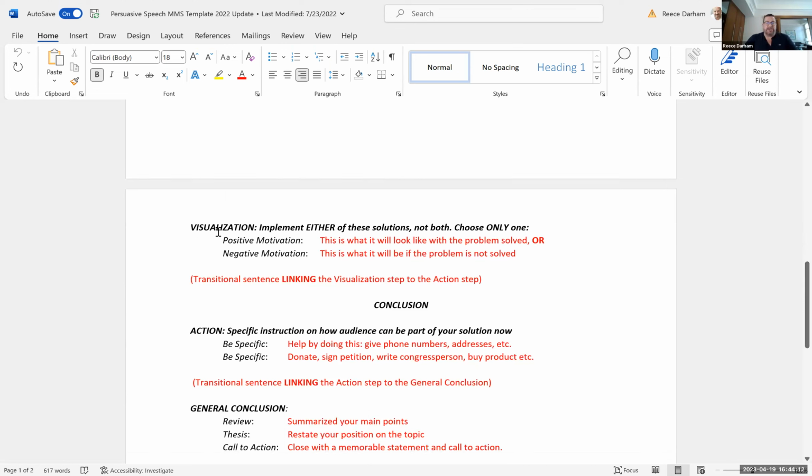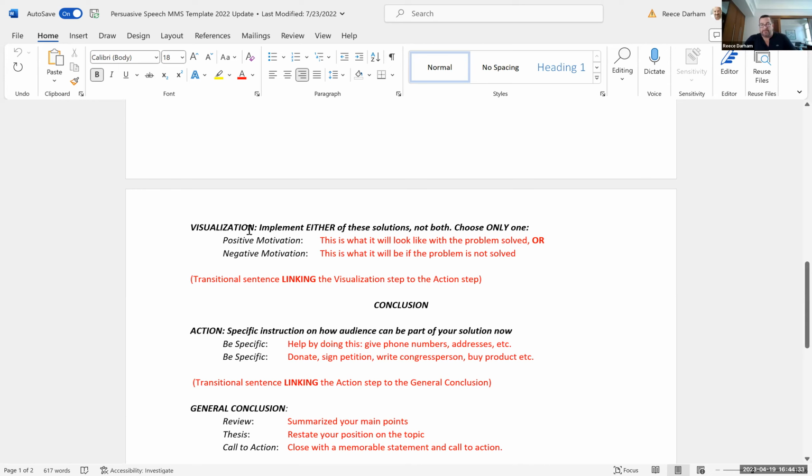Now, ladies and gents, the visualization step has nothing to do with visual aids. So even though one of the requirements of this assignment is that you have 3 visual aids, this is probably not where you want to put one. Not necessarily anyway. Visualization is all about cognitive motivation.